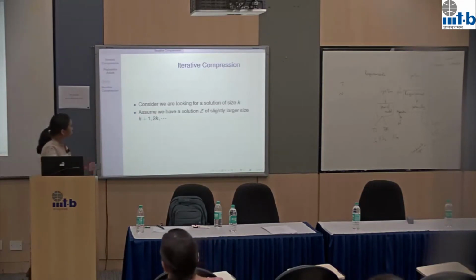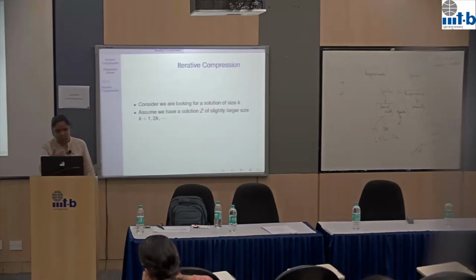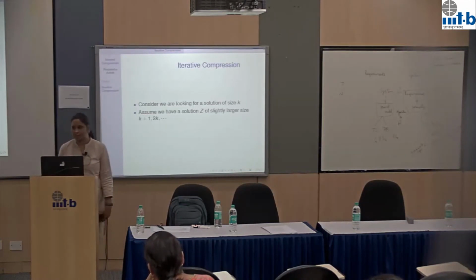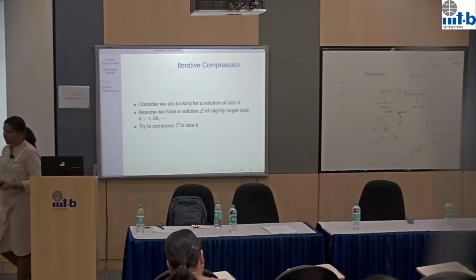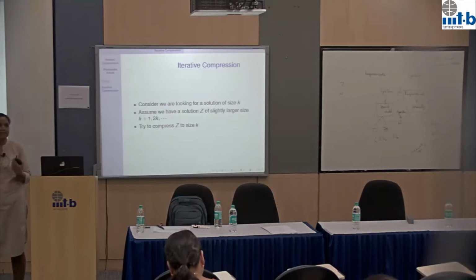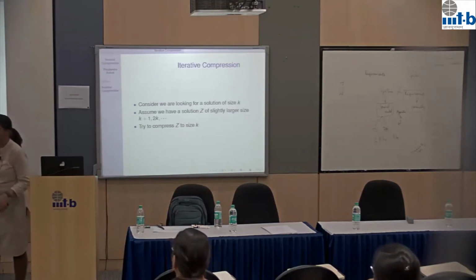So you take the solution with the slightly larger size, k plus 1, and let's call it z. Now you are trying to see, can you compress z so that its size is only k? This is the essence of iterated compression.